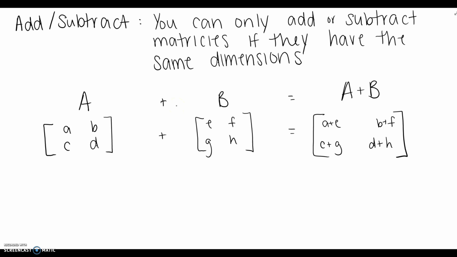So if it were A minus B, we're going to do A minus E, B minus F, C minus G, and D minus H. And we're still going to have a 2 by 2 matrix.